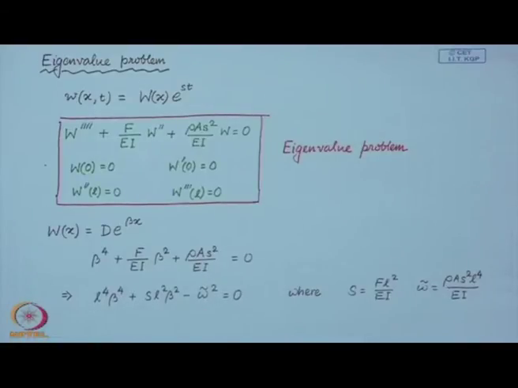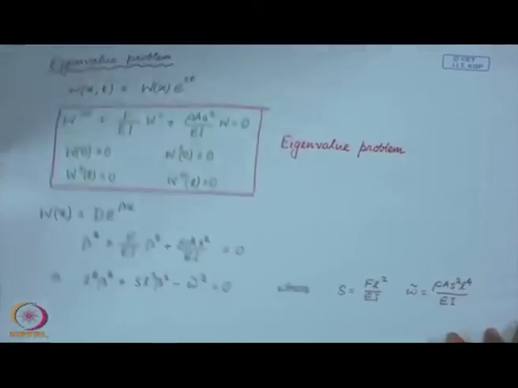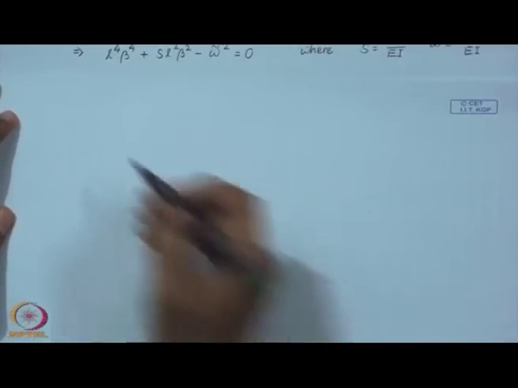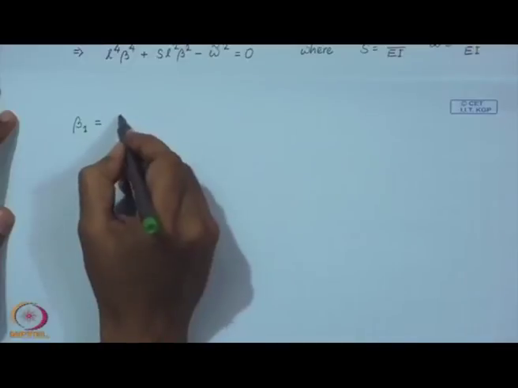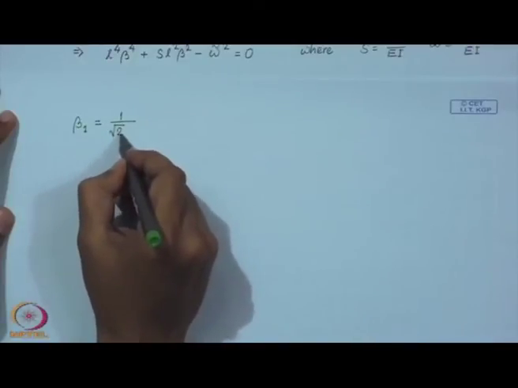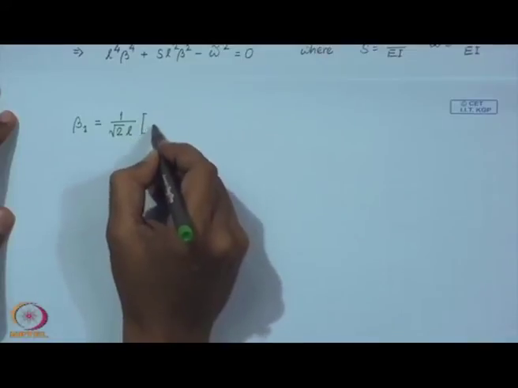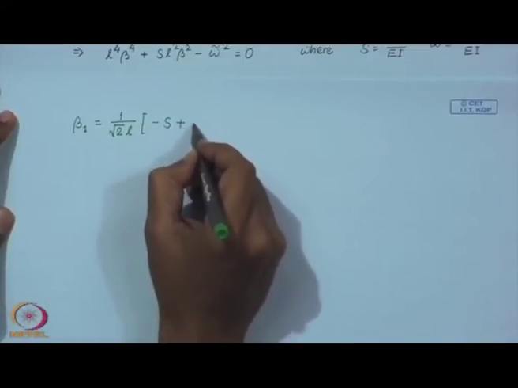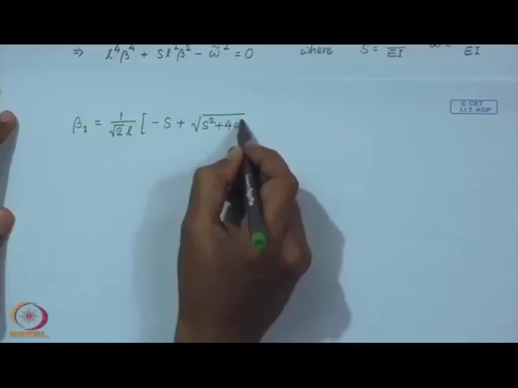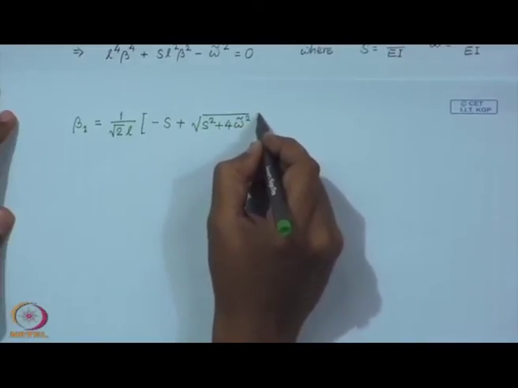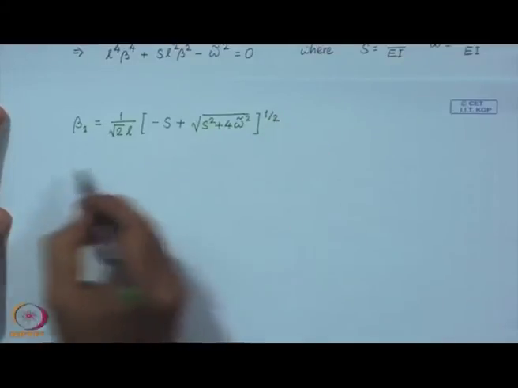So, here we are going to solve for beta. We can see that there will be two solutions of beta. So, this is one solution of beta.